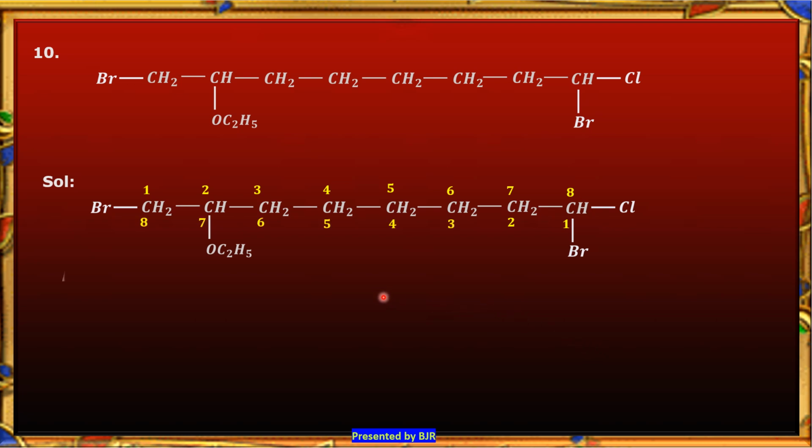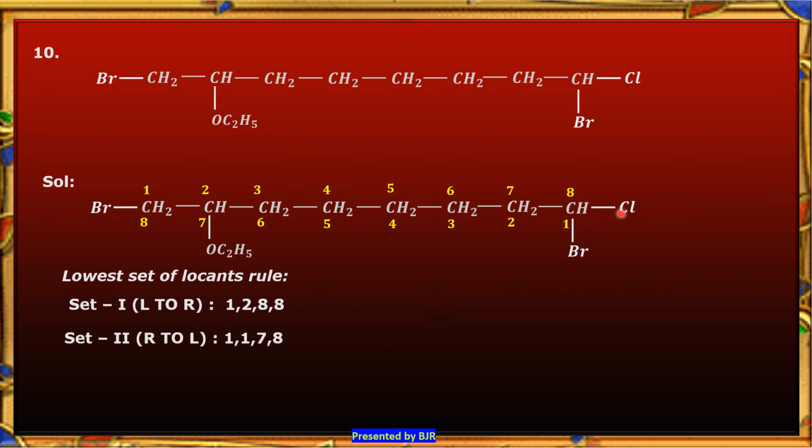Okay, now use the lowest set of locants rule. Left to right locants are, see here, left to right, first carbon atom is bearing one bromine substituent, second carbon atom, and eighth carbon atom is bearing two substituents. For that reason it is 8. I repeated here. So these are the locants from left to right, and from right to left 1,1.